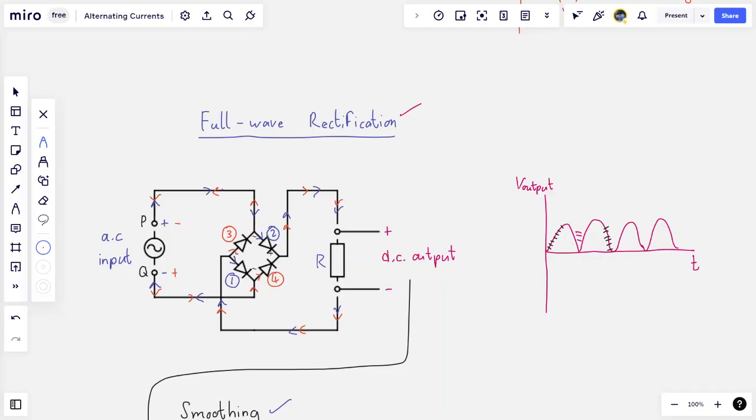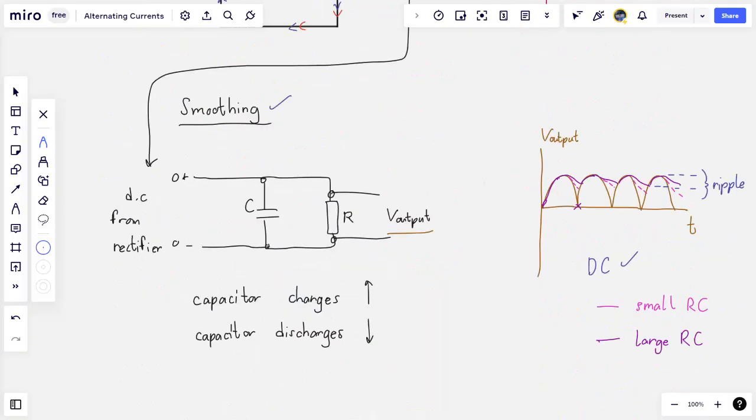You can never fully satisfy us physicists. And so we go one step further and say, well, I want to get rid of those gaps. And I do this by the process of smoothing. I take the DC from the rectifier, connect a capacitor across the external load, which is the appliance needing the DC current, and the capacitor charges on the way up and discharges on the way down.